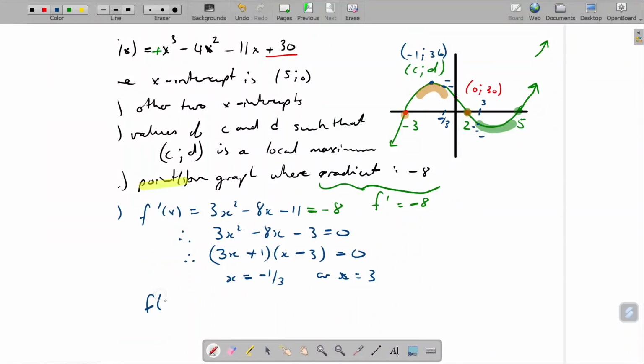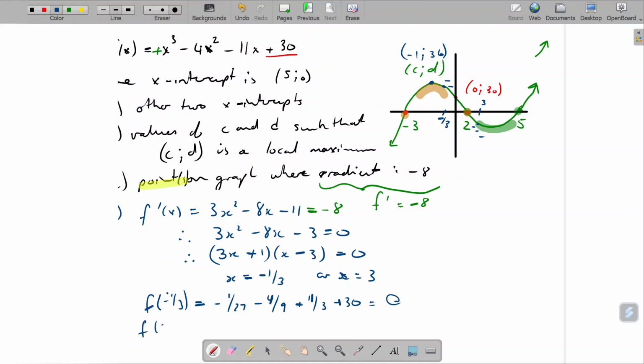So therefore, f of -1/3 equals -1 over 27 - 4 over 9 plus 11 over 3 plus 30 equals some answer. I'll work that out now.